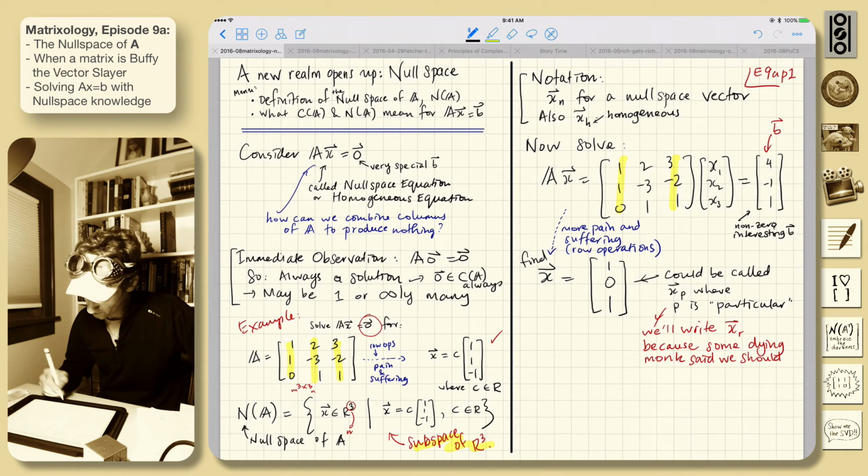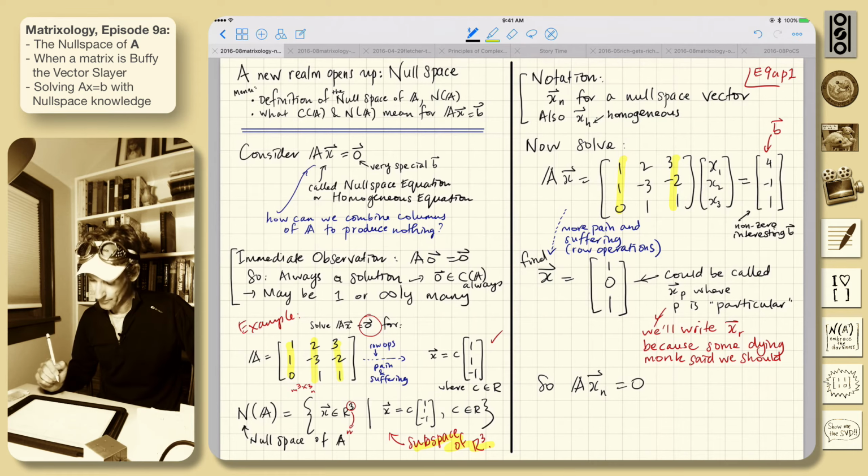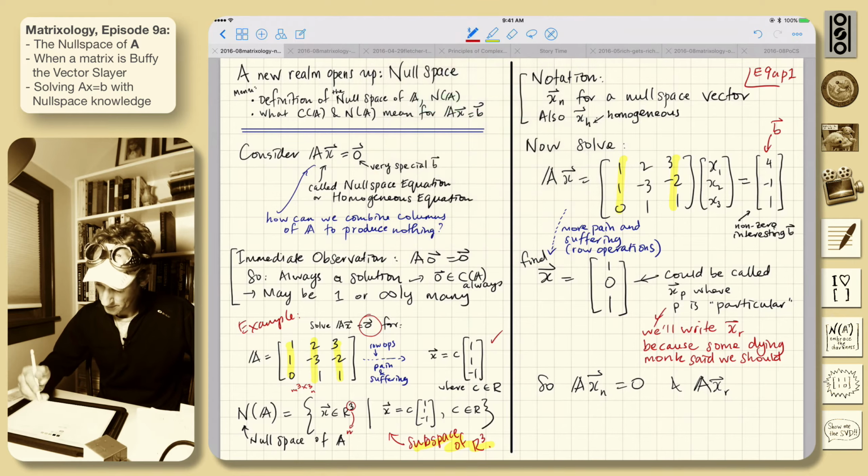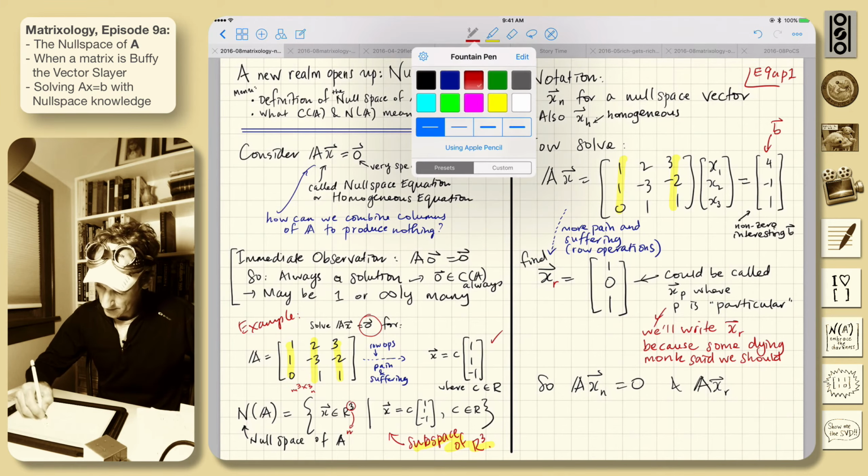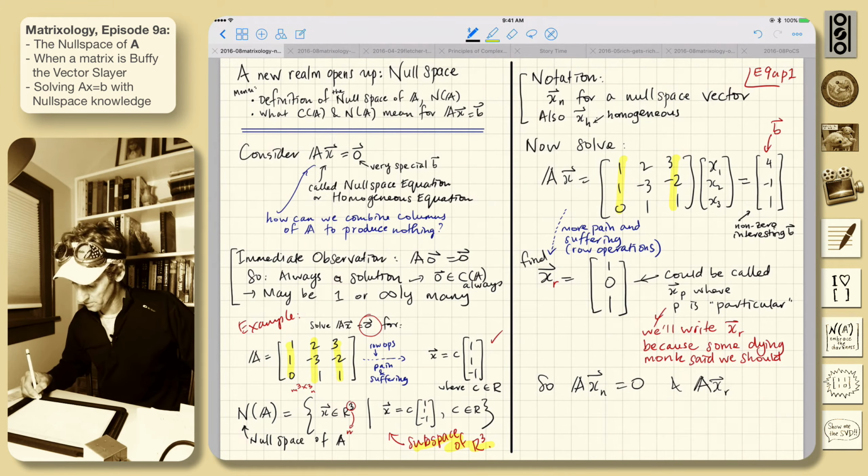All right, so we're going to write X sub R. So we have A X N equals 0. That's this null one. And A times XR equals this B, equals (4, minus 1, 1).